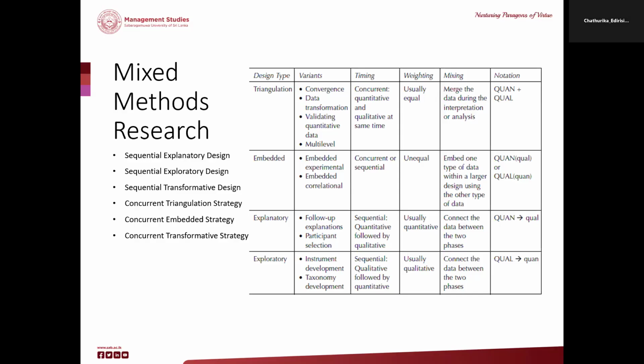The design is quantitative data collection and analysis followed up by qualitative data collection and analysis. First you proceed with the quantitative data collection and analysis, and more weightage is given to the quantitative phase. Then you proceed with the qualitative data collection and analysis, and less weightage is given to that.